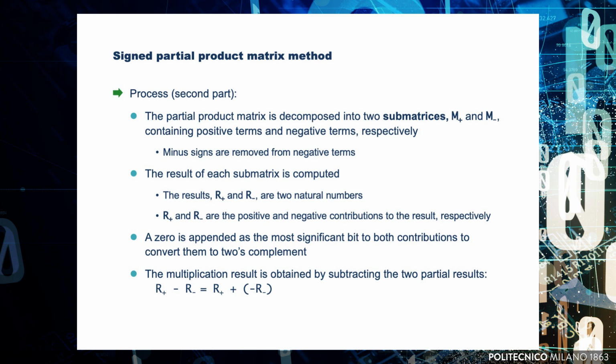This aspect considerably reduces the number of carries in the computation of the sum, especially for the M minus submatrix, thus enabling potential optimizations in the circuit implementation. Finally, each of these two values is converted to 2's complement by appending a 0 on the left of the bit string, and the overall result is obtained by subtracting r minus from r plus.